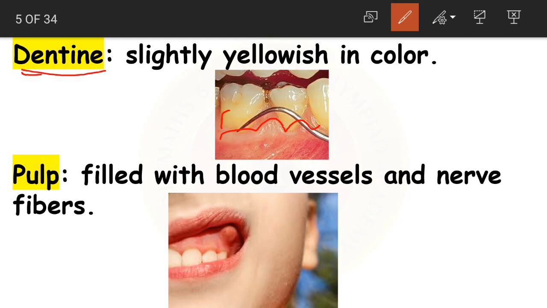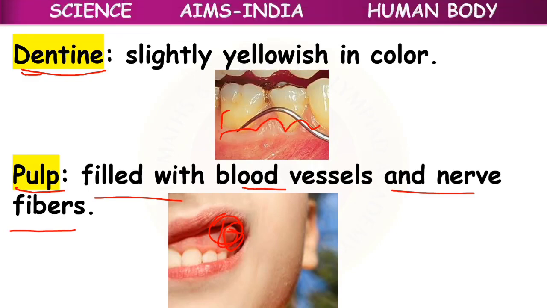And you can see sometimes some nerves which have been swollen. These are nothing but the pulp. We call it pulp, filled with blood vessels and nerve fibers.